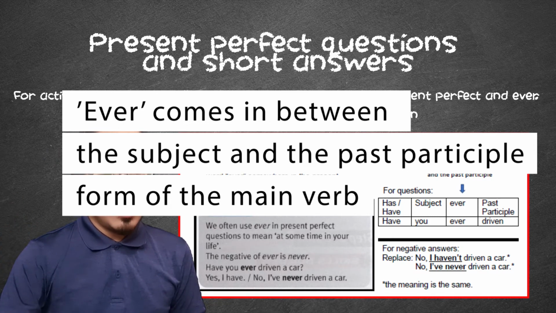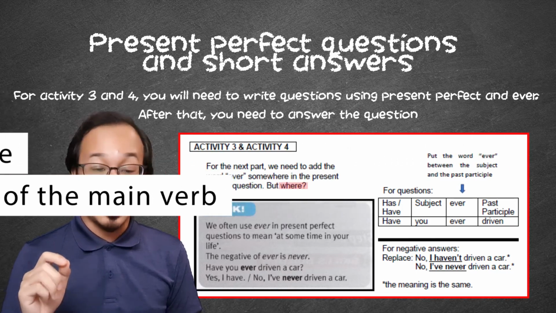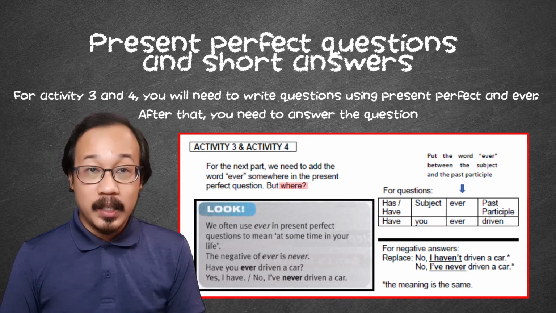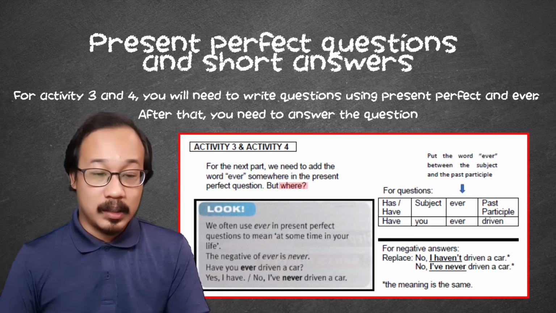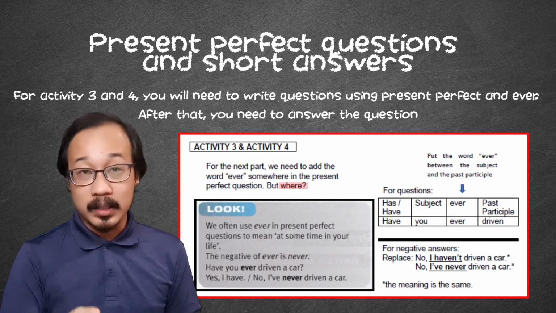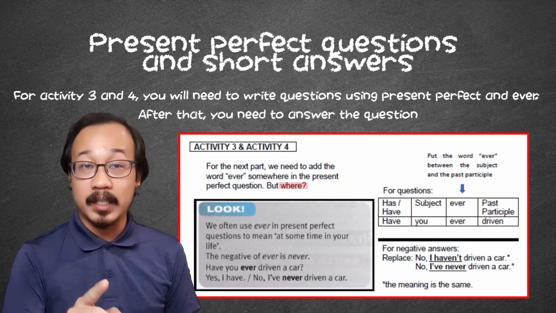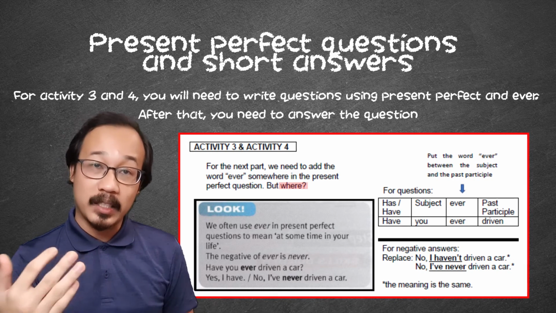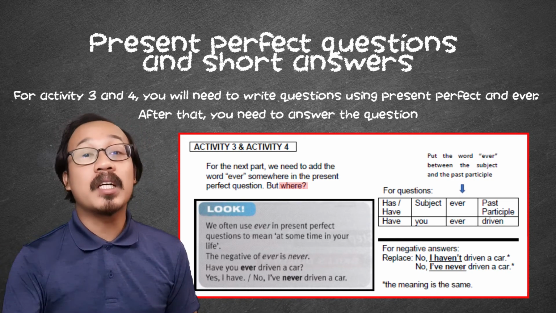We often use ever in present perfect questions to mean at some time in your life. We're asking, have you done something in your life? The opposite of ever is never. The negative of ever is never.